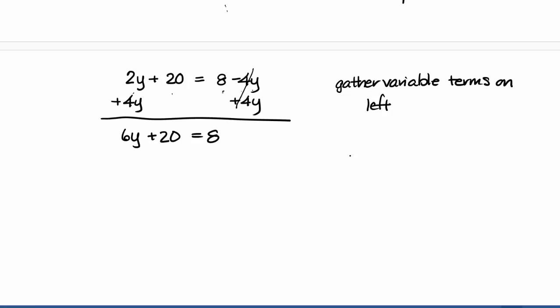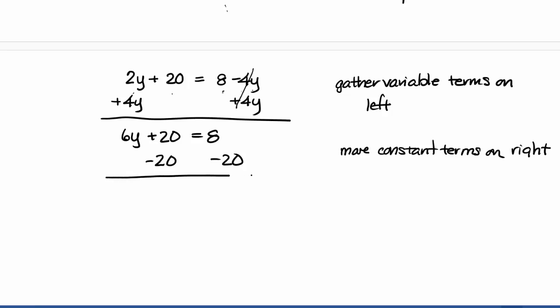So now I'm going to move or gather the constant terms on the right. So that means I subtract 20, and I have 6y equals 8 minus 20 gives me negative 12, right?